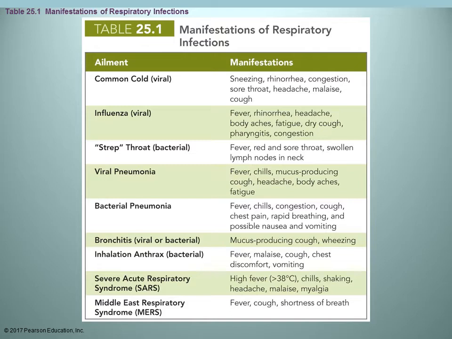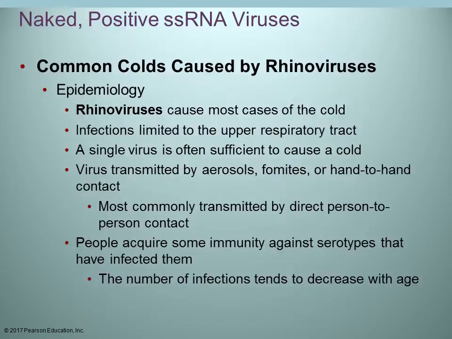So things like the common cold, which is caused by a virus, rhinovirus, one of them. You're going to have sneezing, you have congestion, runny nose, coughing. And the thing I want you to look at is the symptoms of it, the manifestations. A lot of them are fairly similar, so it can be very hard to distinguish from one to another.